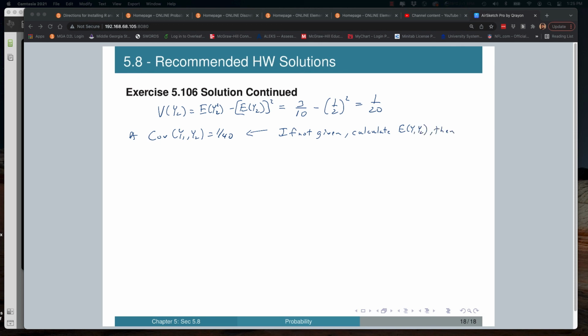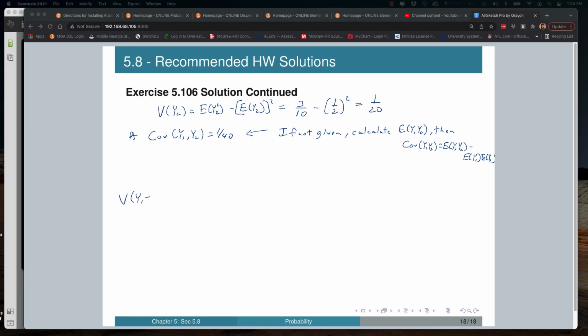Then the covariance of y1 y2 is equal to the expected value of y1 times y2 minus the expected value of y sub 1 times the expected value of y sub 2. But you guys probably already knew that, right? So finally we can just go ahead and figure the rest of this problem out and be done with it.